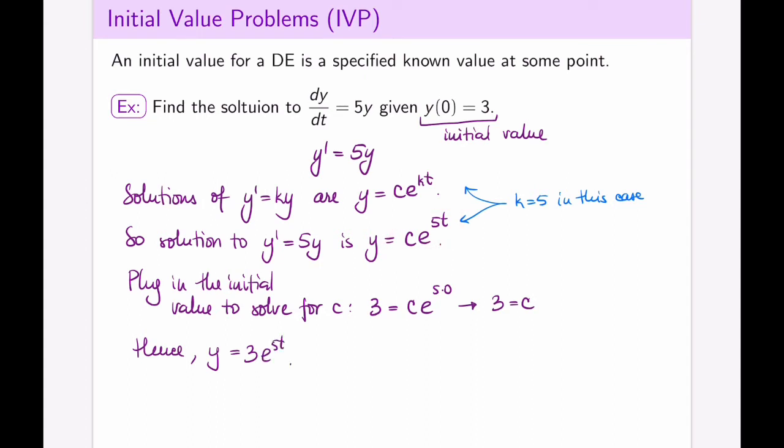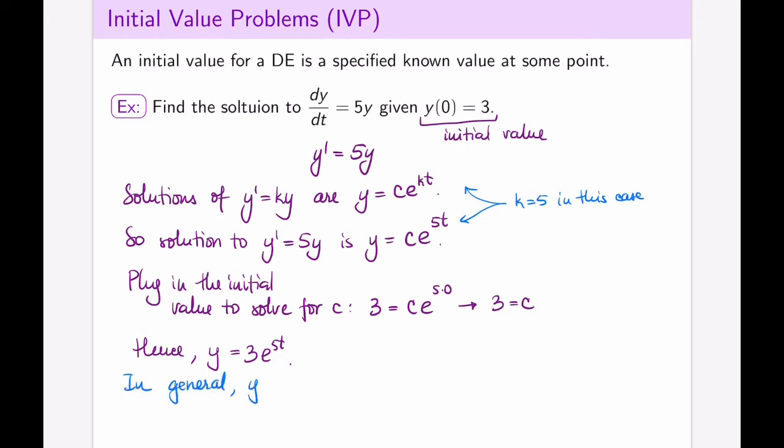5t. And what you just noticed too is that whenever I plug in 0, this power will be 0, which means that this entire thing will be equal to 1. So I will always have that c is equal to the value at time equals 0, which is why in general we actually have a notation for it.